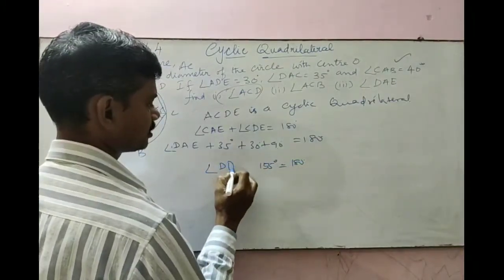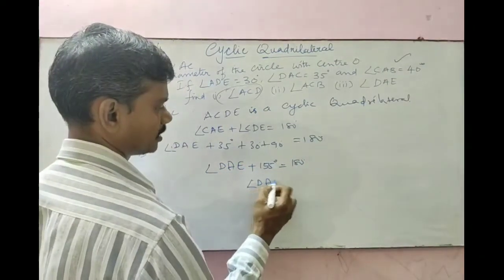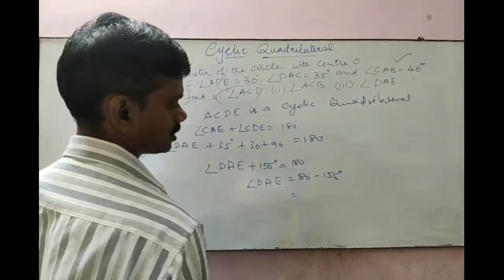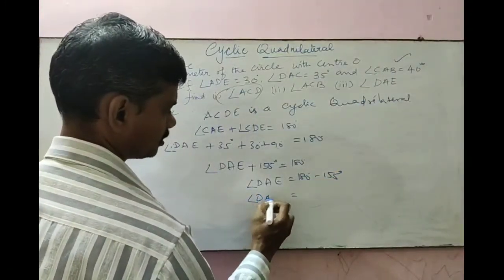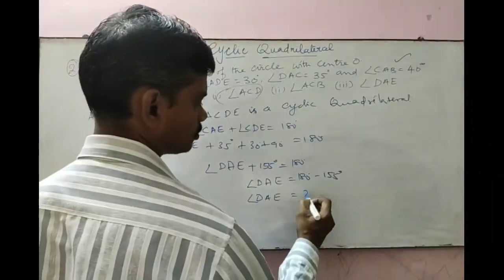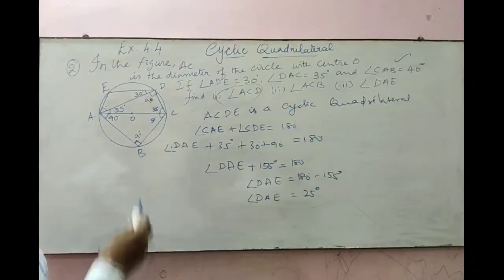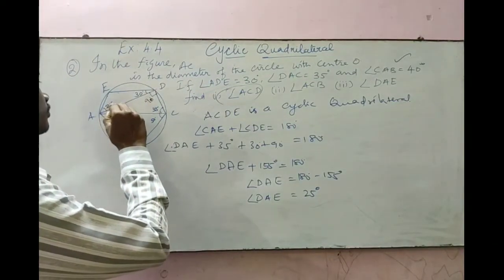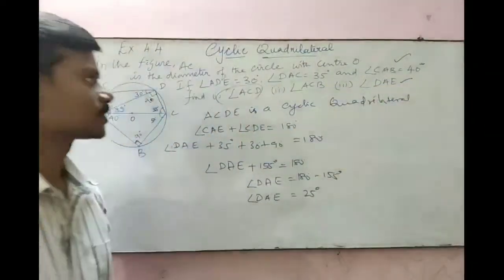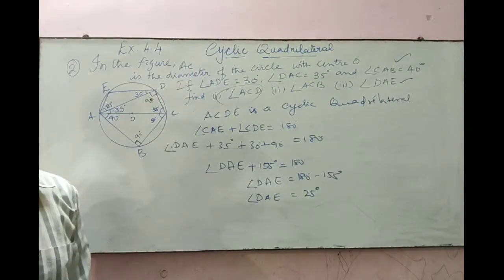So angle DAE equal to 180 minus 155 degrees. Now DAE is equal to 180 minus 155, which gives 25 degrees. So this is the value of DAE. We found out this. Like that you have to calculate all these three angles.